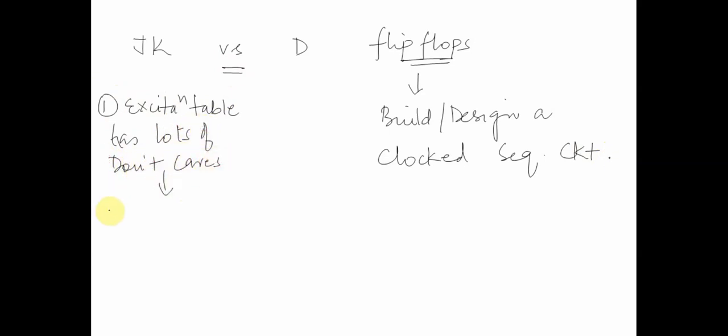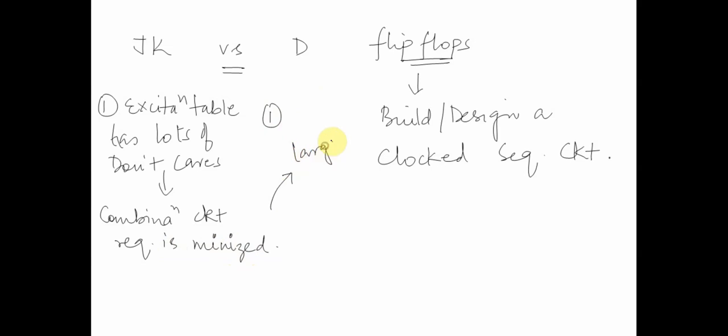If this is the case, we say that the combinational circuit required is minimal. It's like a minimized one, right? Whereas over here, since we don't have don't cares, the combinational circuit is a bigger, larger combinational circuit.